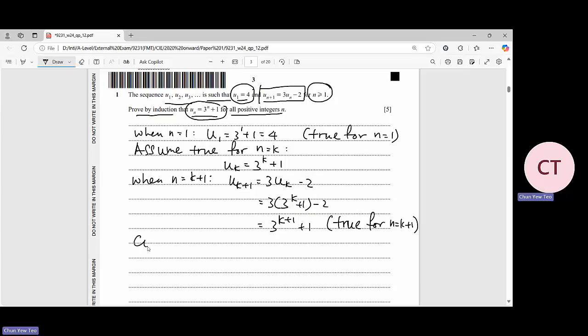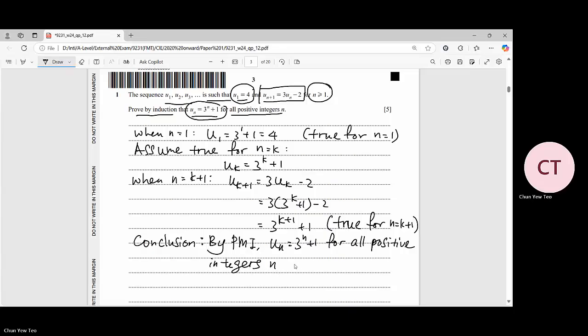Okay. So therefore, conclusion, by the PMI, principle of mathematical induction, we know that un is equal to 3 power n plus 1 for all positive integers n, such that u1 is equal to 4 and u(n+1) equal to 3un minus 2 for n greater or equal to 1.